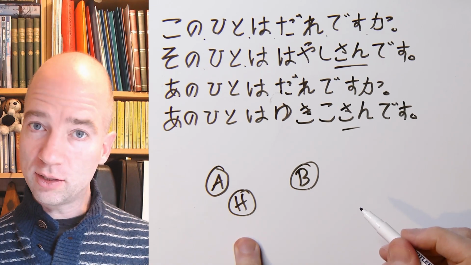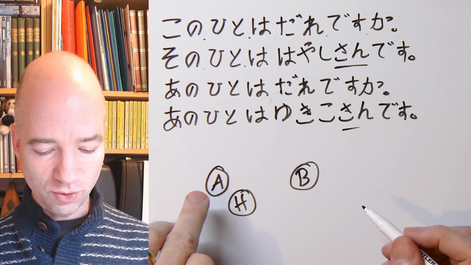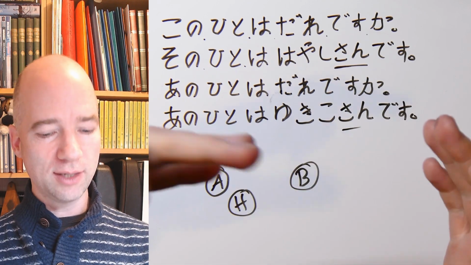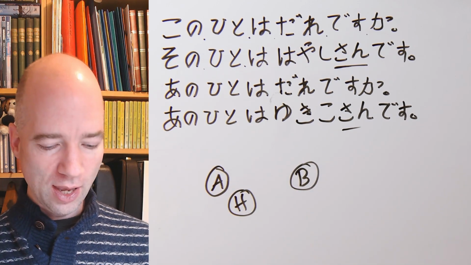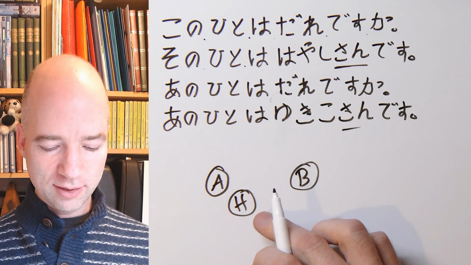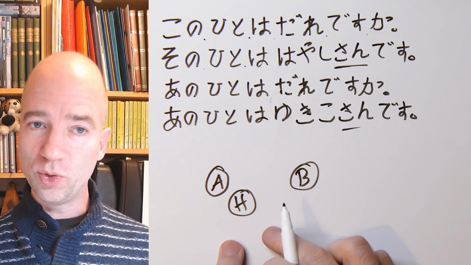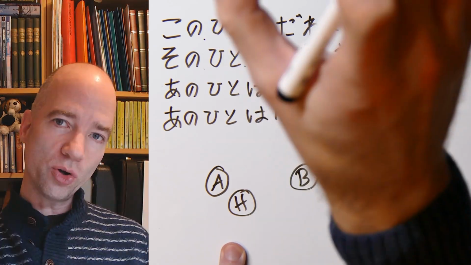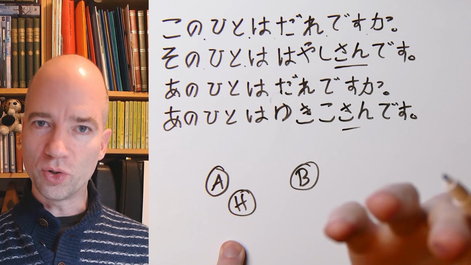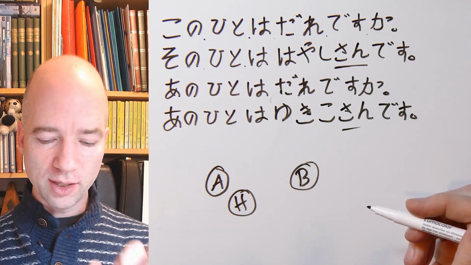So Mr. Hayashi, he is right here next to A, and so when A is talking to B, he is saying kono hito wa. B, when he answers, he is talking about Mr. Hayashi, who is then closer to the person he's talking to than to himself. And then you use sono. So, sono hito wa Hayashi-san desu.